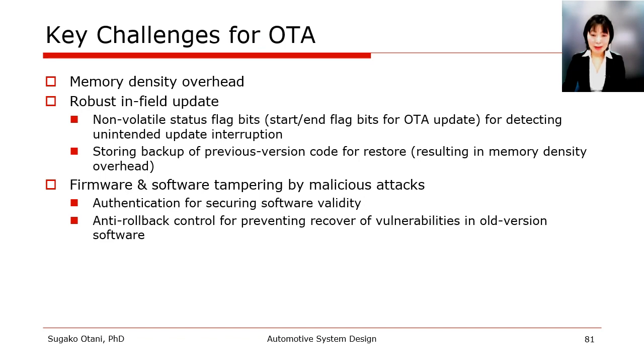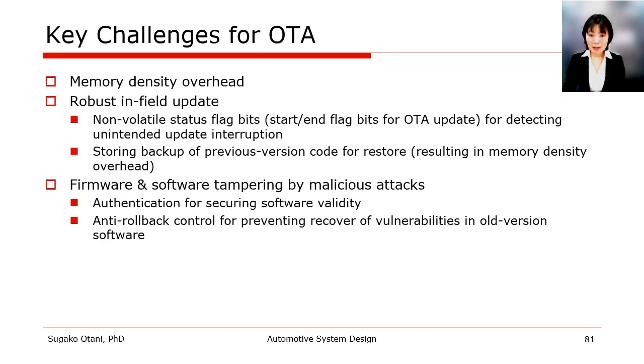The second is robustness in in-field update. In OTA update in the field, there is some risk of unintended update interruption because of sudden battery or cable disconnection, etc. In such cases, detecting the interruption and restoring the original code are needed.